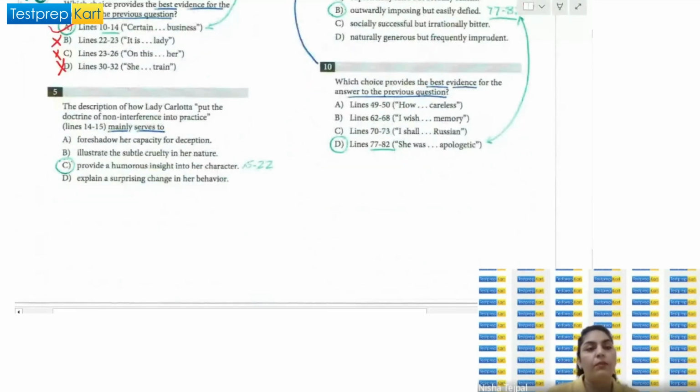Okay, let's read question 5 now. The description of how Lady Carlotta put the doctrine of non-interference into practice mainly serves to what? To provide a humorous insight into her character. Yes, because when the author is saying she is putting the doctrine of non-interference into practice, doctrine means principle.